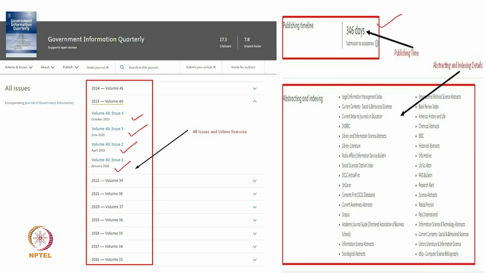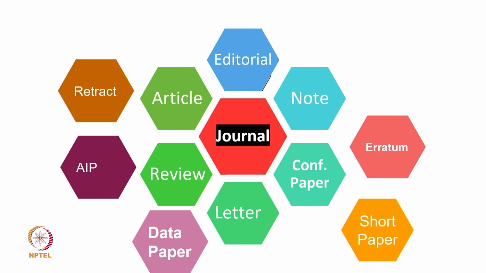Another attribute of a journal is abstracting and indexing. Below, the details of where the journal is indexed are given. This journal is indexed in a number of databases like INSPEC, Library and Information Science Abstracts, Social Science Citation Index, Scopus, etc. So this is what a journal looks like.